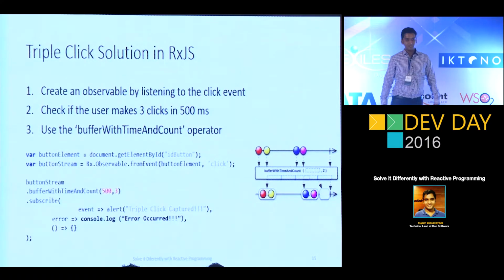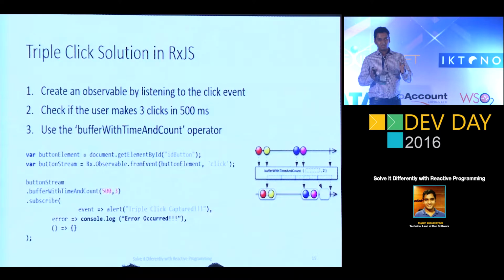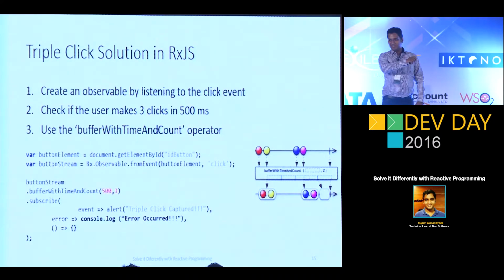In triple click, we have to see whether the user has clicked a particular control 3 times within a particular amount of time, and we can apply the operator called buffer with time and count. But unfortunately, this operator doesn't come with reactive extensions. What you can do is create your own operator.